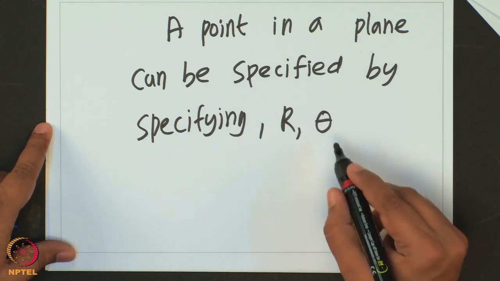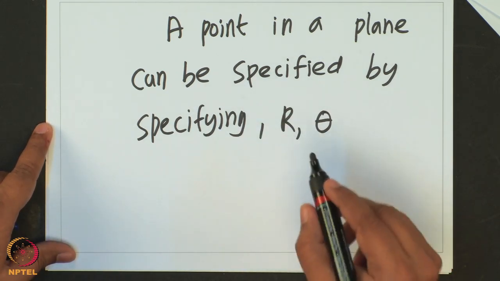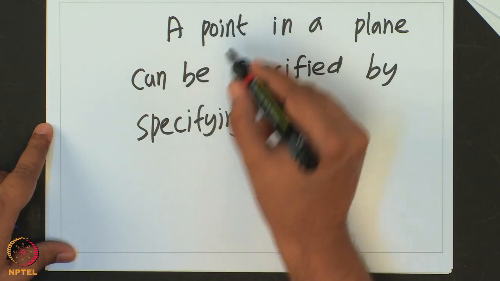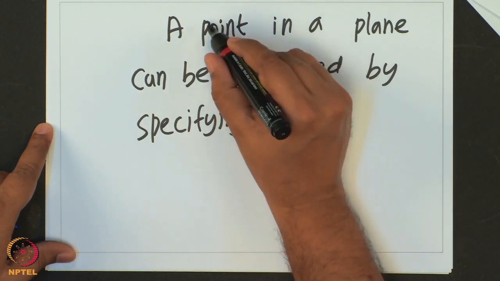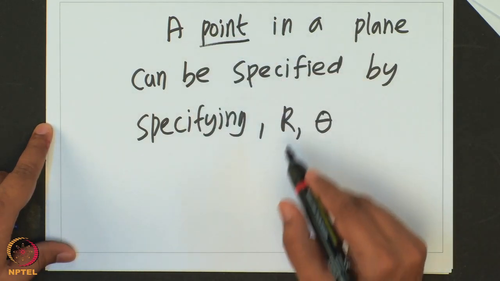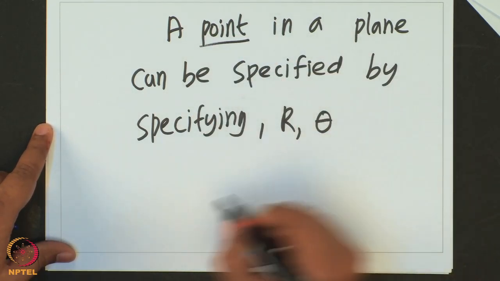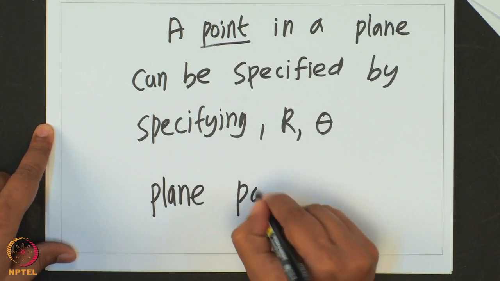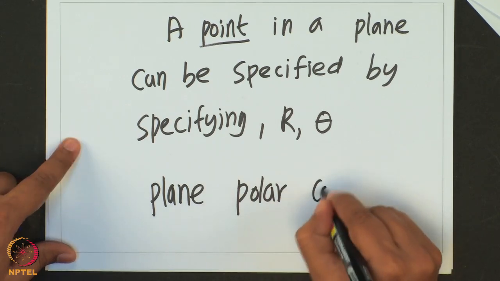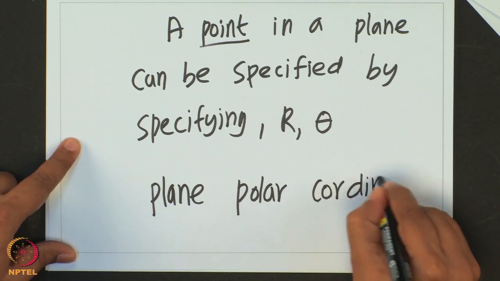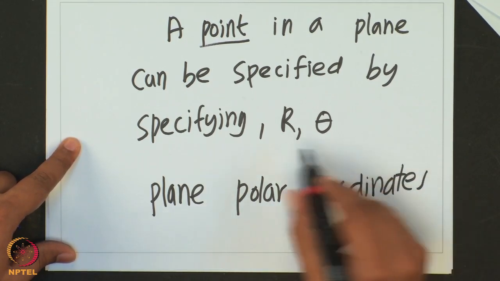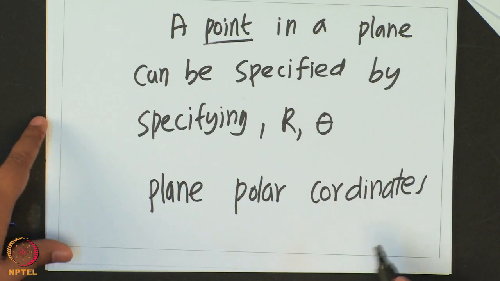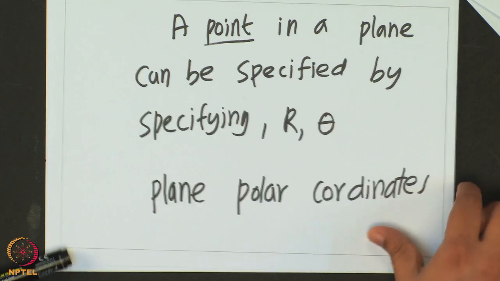If I specify r and theta, I can specify the location of a point in a plane. So this is called plane polar coordinates. The only thing is that I have to specify two values. So let us now understand plane polar coordinates a little bit more.